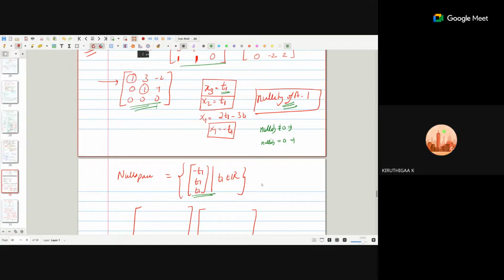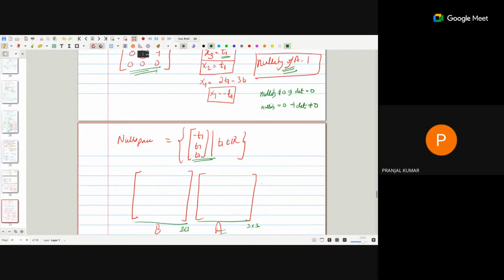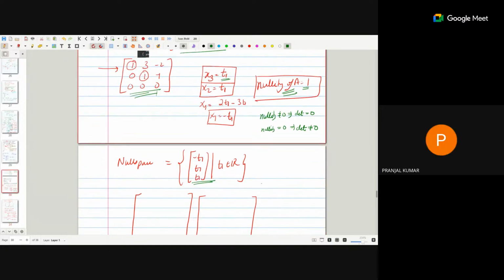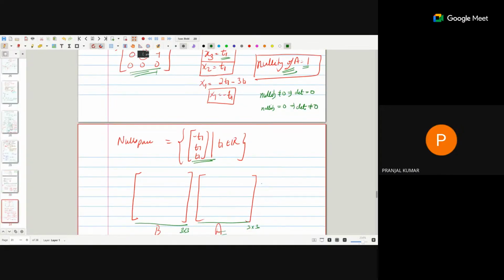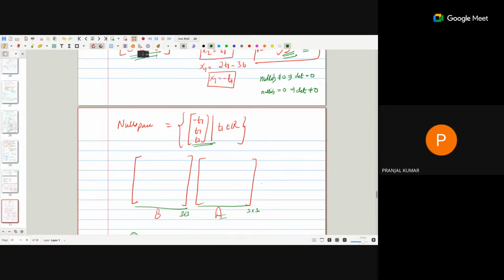You wrote it as if nullity is not equal to 0, then det is 0, sir. Yeah, exactly, this should be correct. So tell me, is nullity 1 for A? Yes, sir. So that means determinant of A should be 0.